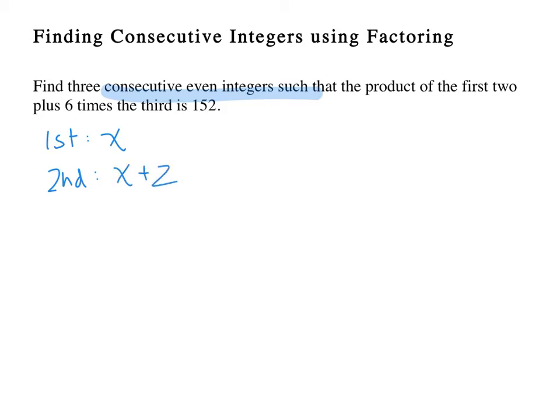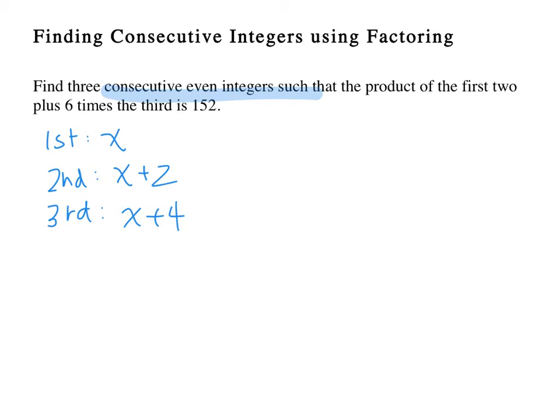To find the third one, I'll add 2 to that, but I want to put it in terms of x. That's actually just adding 4 to the first one, so I'm skipping the odd numbers. This is nice because it works for both even integers and odd integers: we have x, then one skip, x plus 2, another skip, x plus 4.